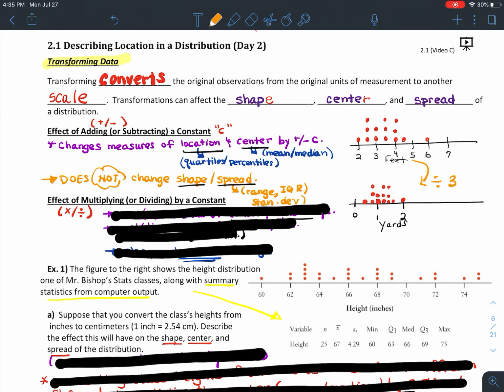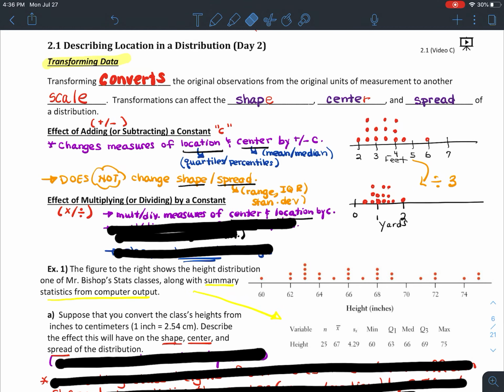Okay, and I just want you to examine the two dot plots and ask yourself, what do you notice that these two dot plots still have in common, and what are some things that you notice is maybe a little bit different, okay? What we're looking for, has the shape changed when I divided all the values by 3? Has the center shifted? And is the spread different?